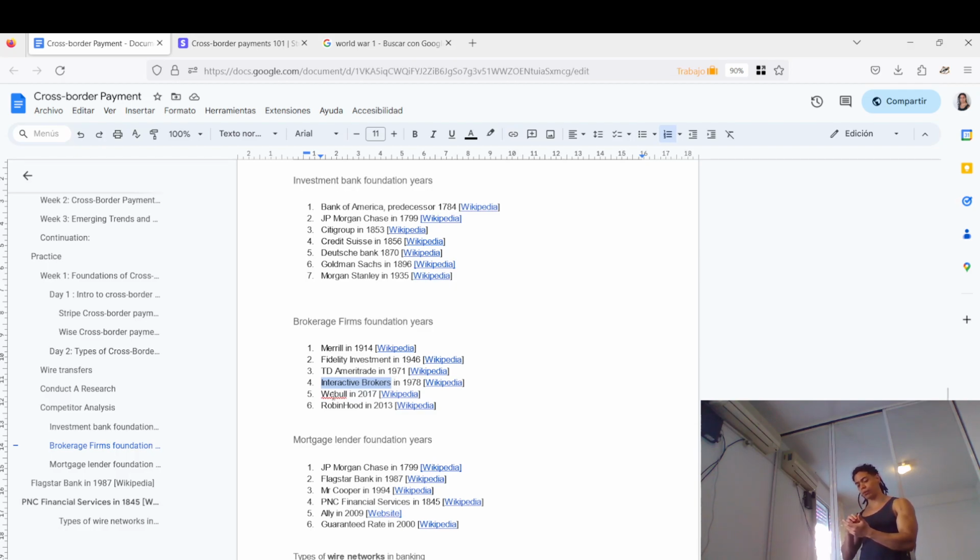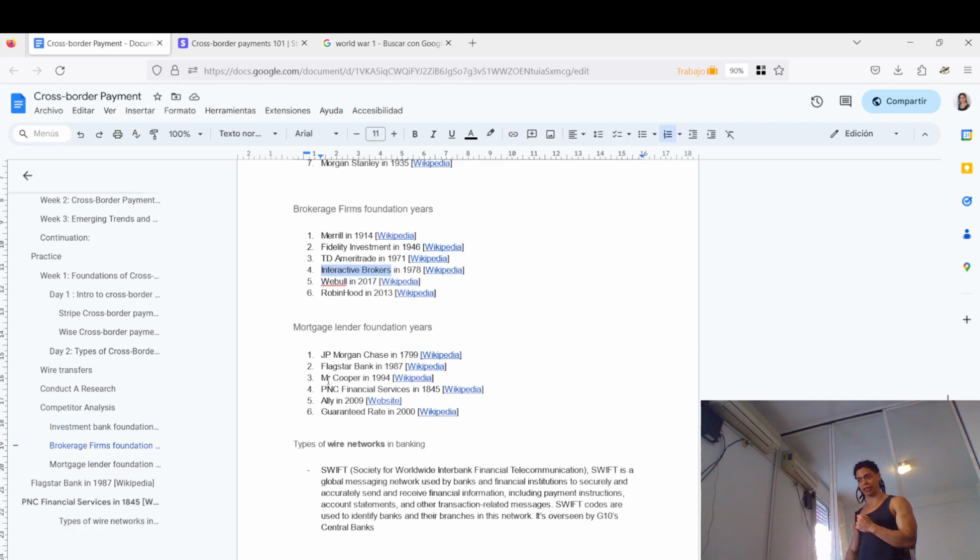So at least knowing these brokerage firms will help me in the long run: Merrill, Fidelity Investment, Interactive Brokers, TD Ameritrade, Webull, and Robinhood, as well as mortgage lenders: JP Morgan Chase, Flagstar Bank, Mr. Cooper, PNC Financial Services, Ally, and Guaranteed Rate.